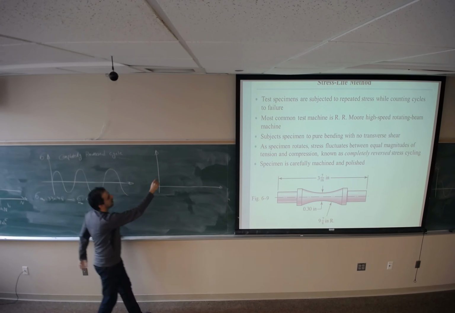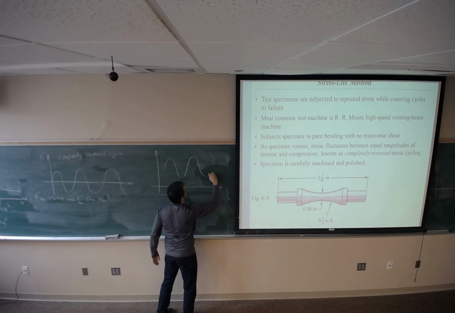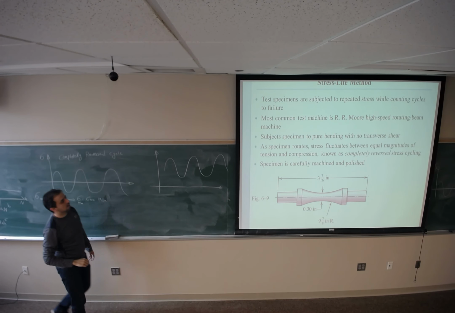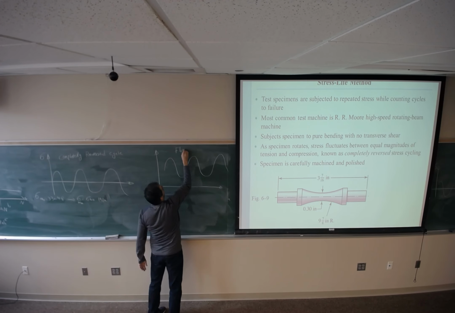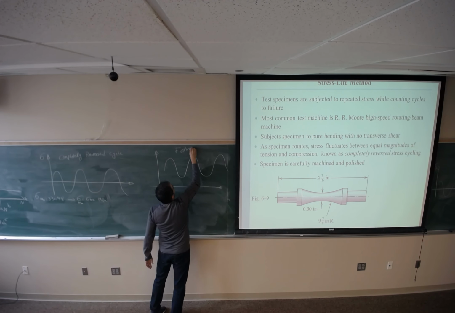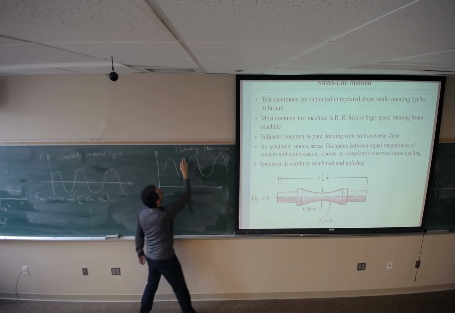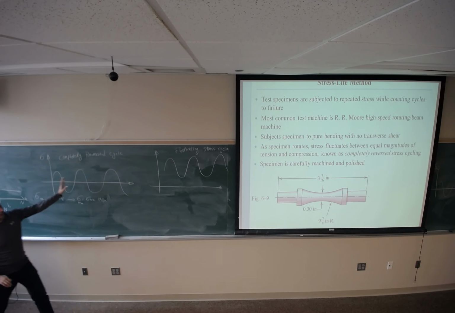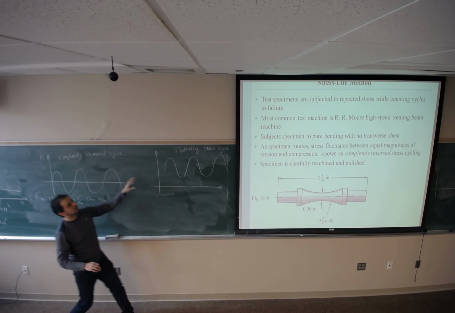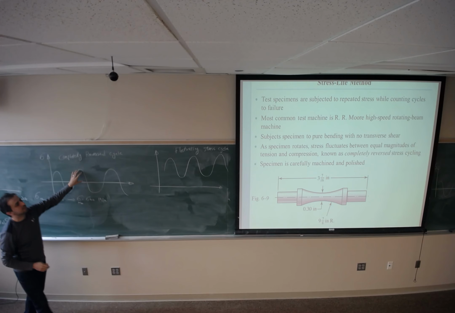If I have something like this, fluctuating stress cycles versus completely reversed cycle. Whatever we talked about, including the S-N curve that we derived, is valid for completely reversed cycles.